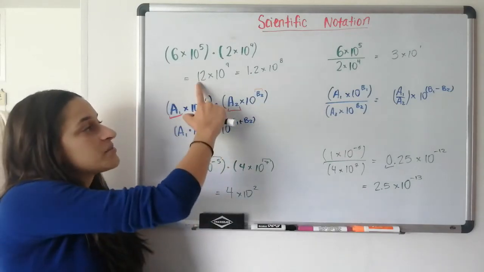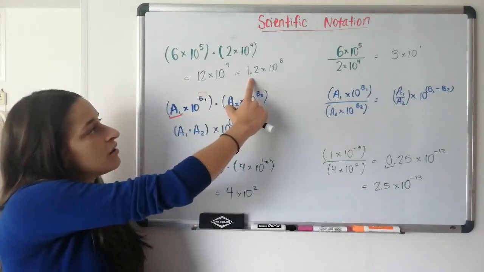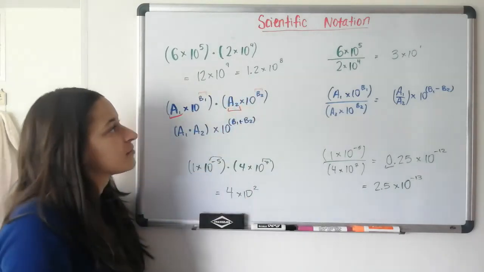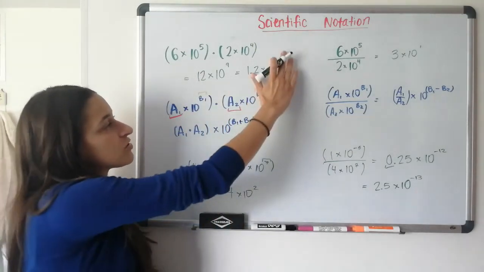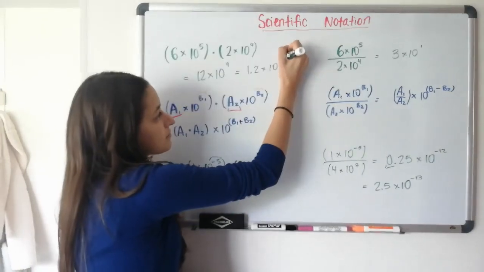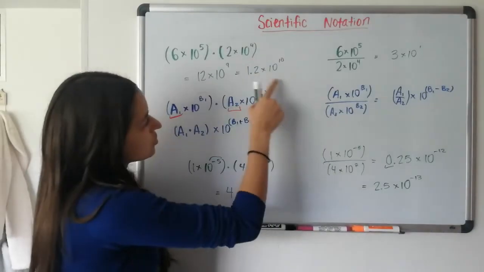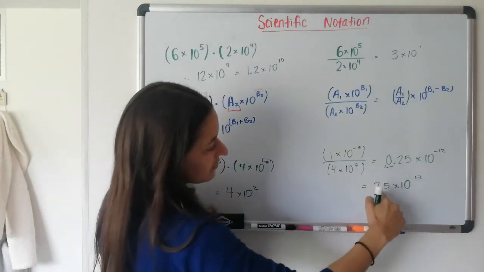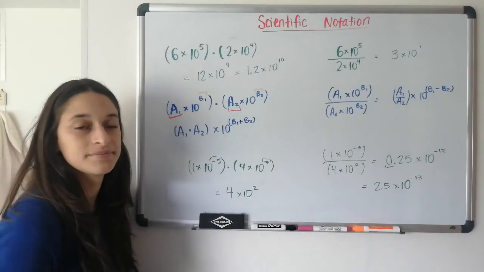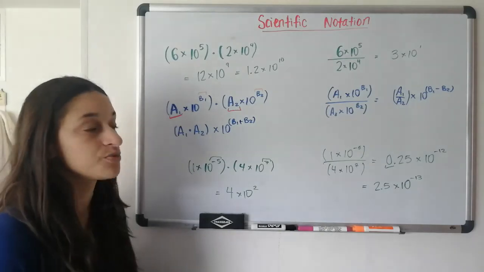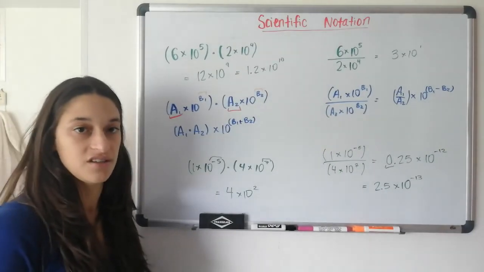So here we made the number bigger, so we need to make this one smaller to compensate. And here we made the number smaller, so we had to make this one bigger. Yeah. So that is how to multiply and divide numbers in scientific notation.